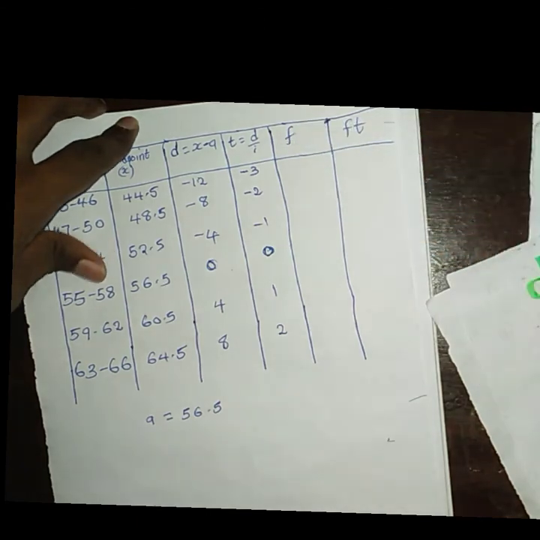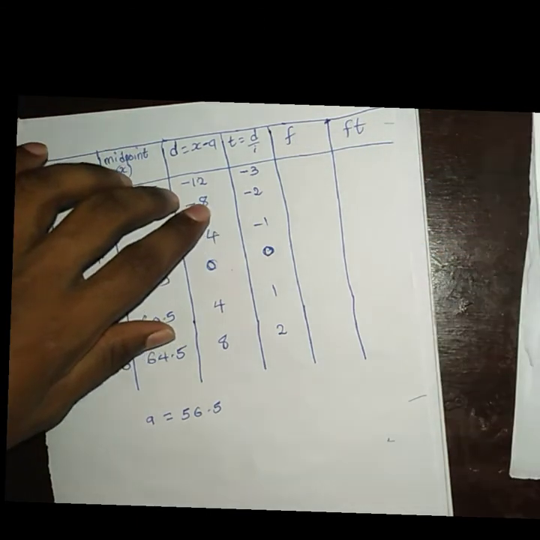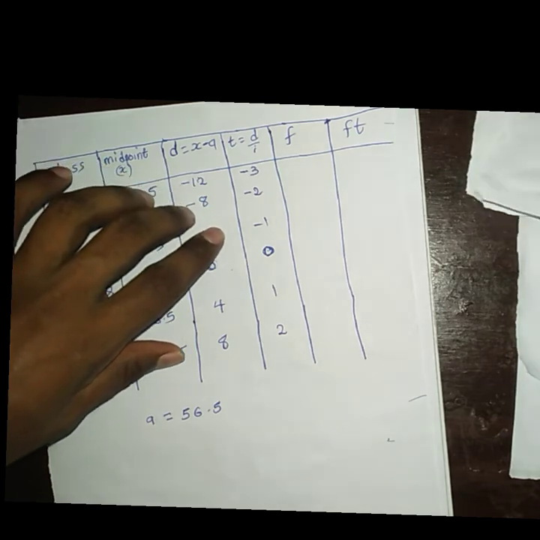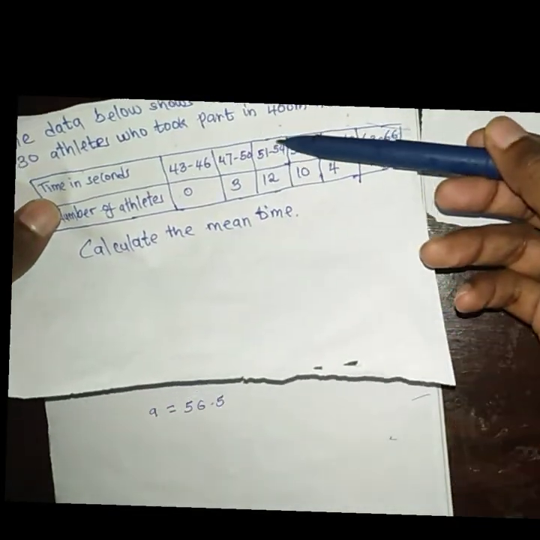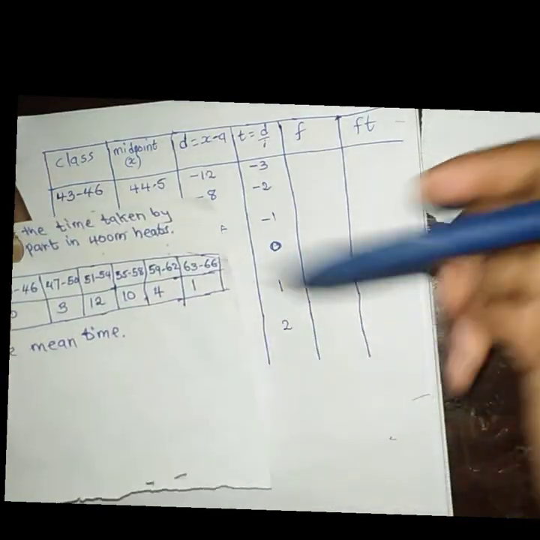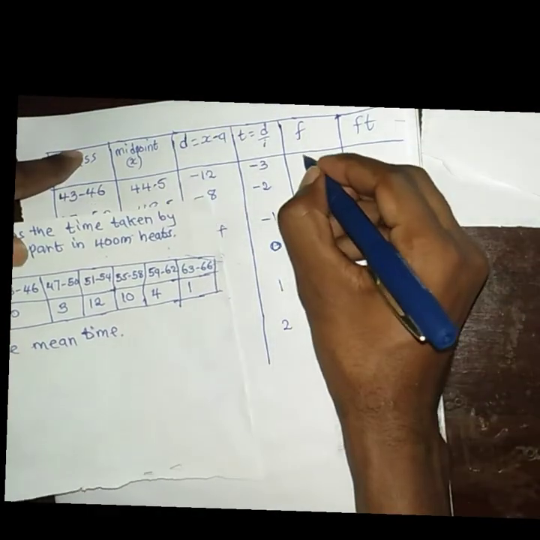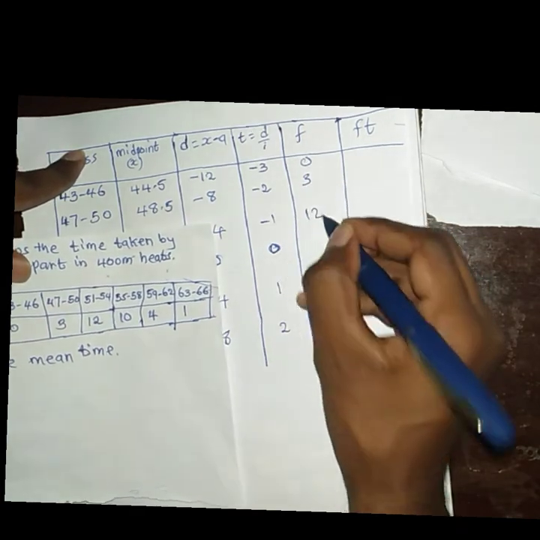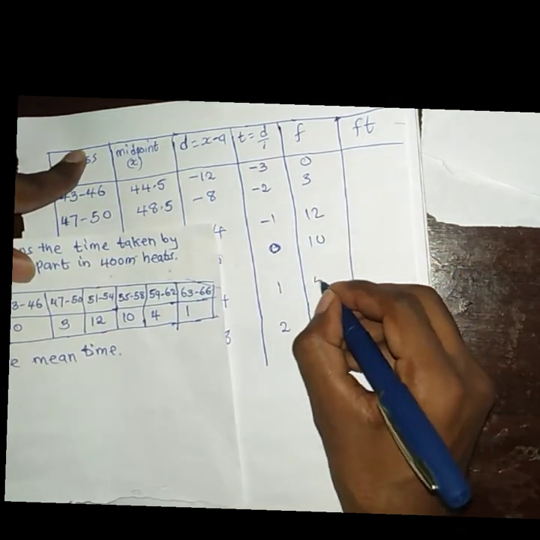So the frequency column, we have said 2 columns are given in our question. Those are the class column values and the frequency column values. So we only need to fill this column: 0, 3, 12, 10, 4, and 1.